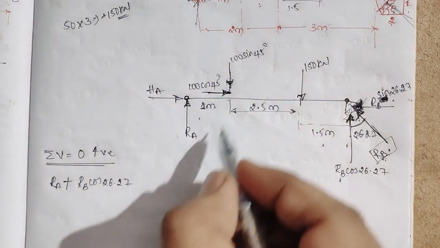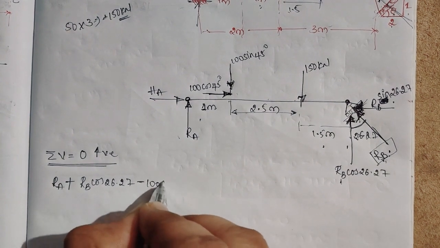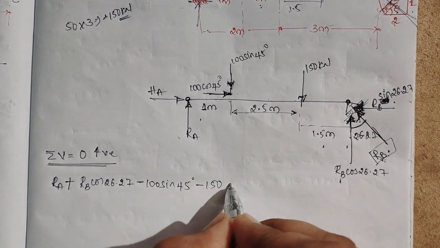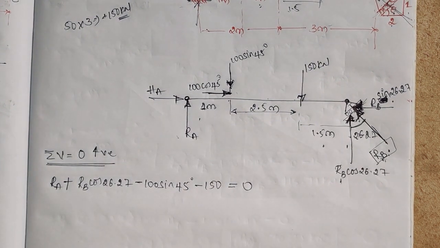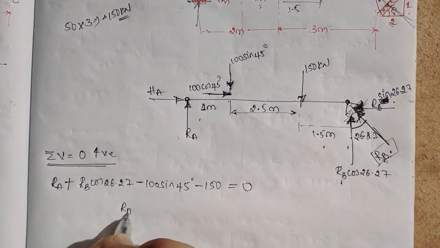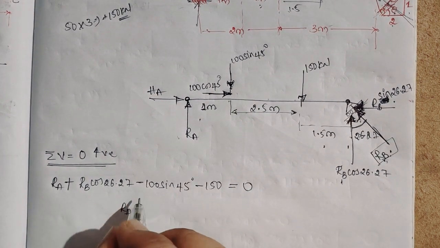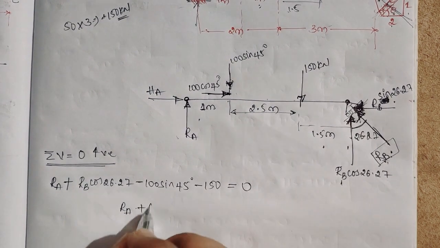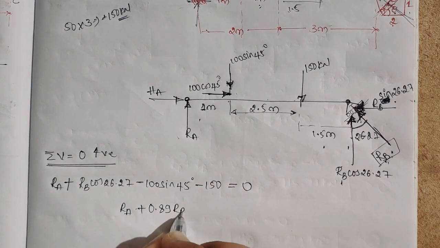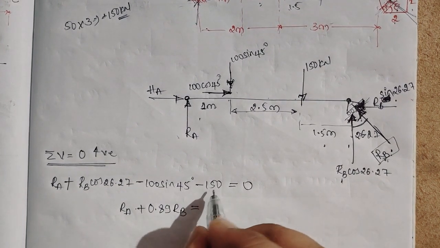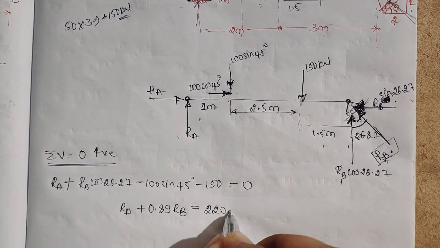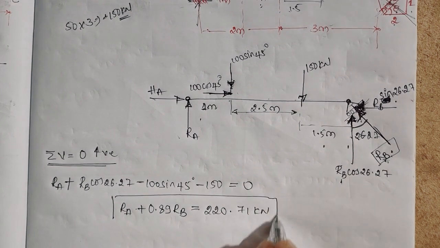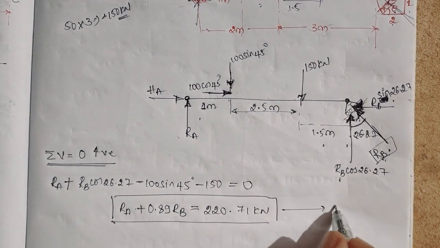After this I'll take minus 100 sine 45 minus 150 is equal to 0. So RA plus cos 26.27, it is 0.89, 0.89 RB is equal to 220.71 kilonewton. So this is equation number 1.